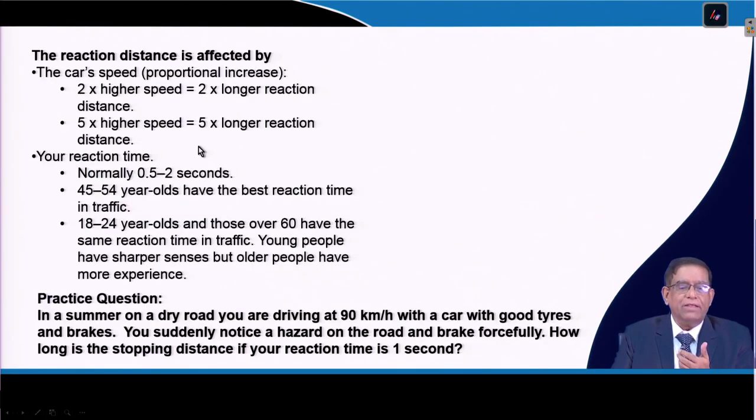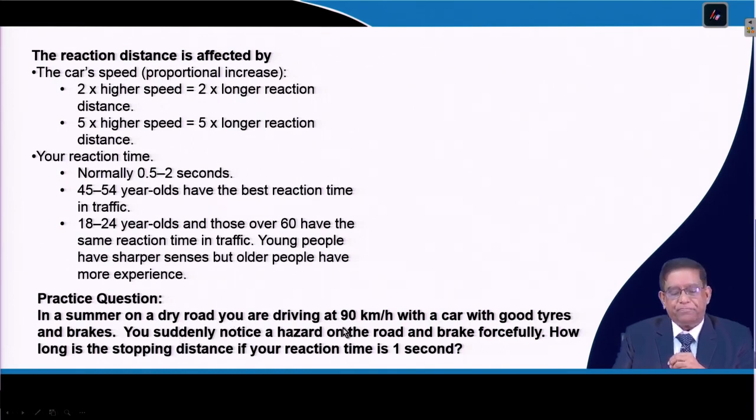So, that is why you must study this, and also the reaction distance, as I was telling, which depends on the person. Normally, the reaction time may go from 0.5 to 2 seconds, and some people may take even longer. So, you must see that the machine gets stopped at a distance such that an accident does not take place. There is an exercise you can do.